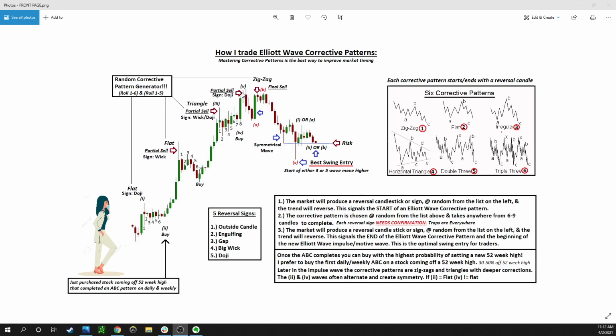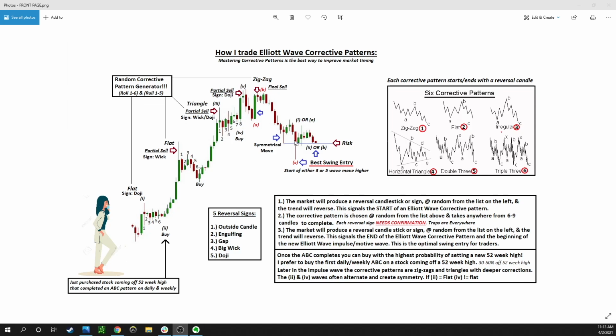This then started a correction. 1, 2, 3, 4, 5, 6, 7. The A and B, massive 5-wave move down C. This went on for a very long time. 1, 2, 3, 4, 5, 6, 7. 1, 2, 3. 1, 2, 3.